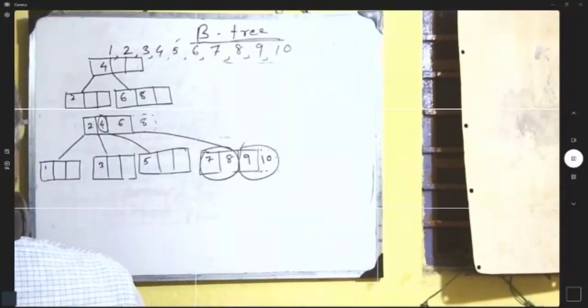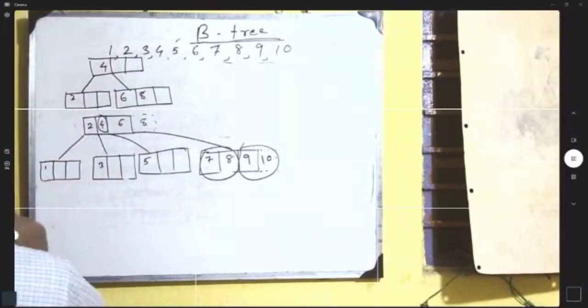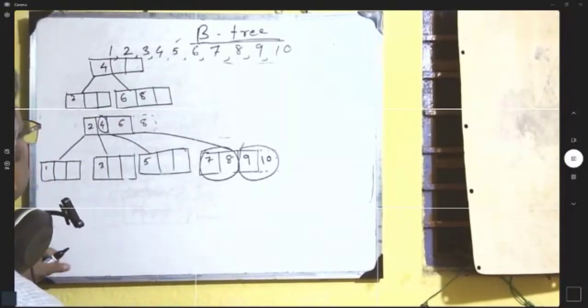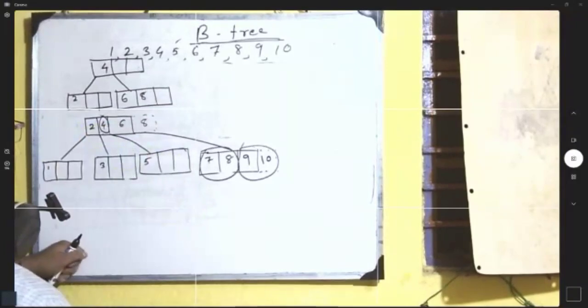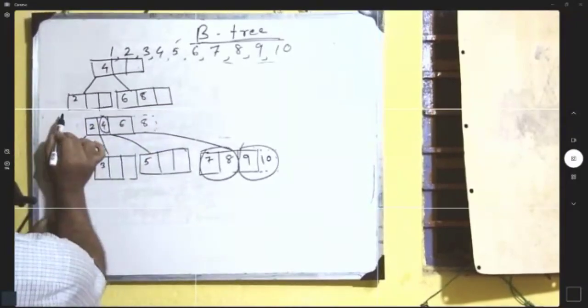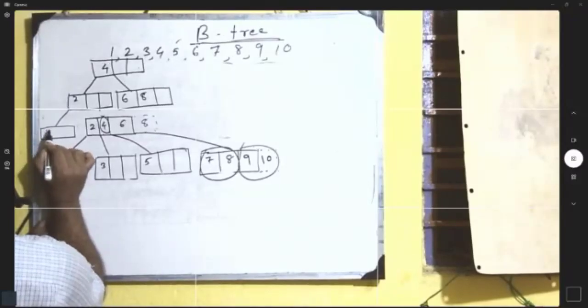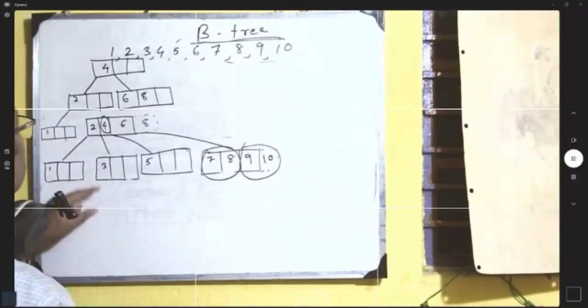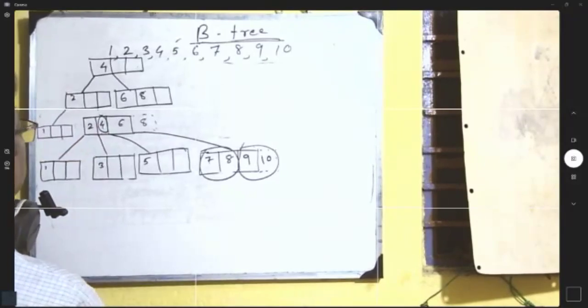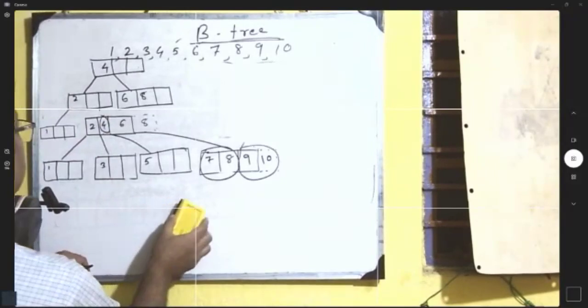Now, one child of the 2 is 1. And the other node has 3 and 5. 3 is less and 5 is greater than 4.